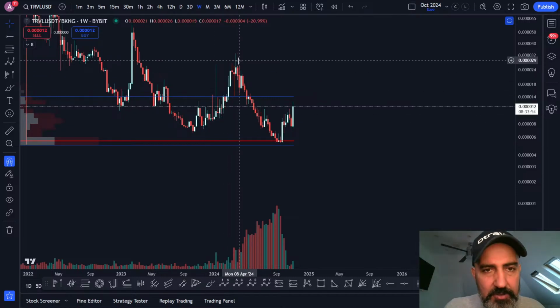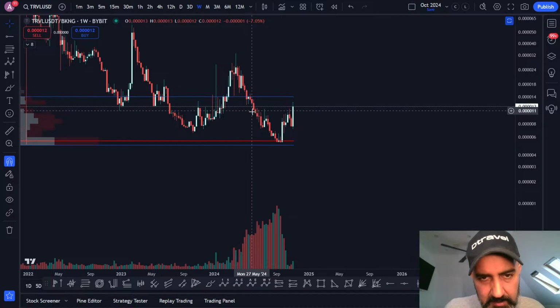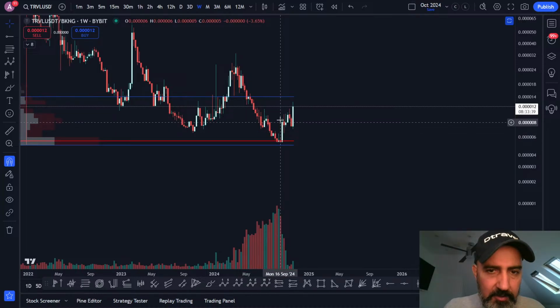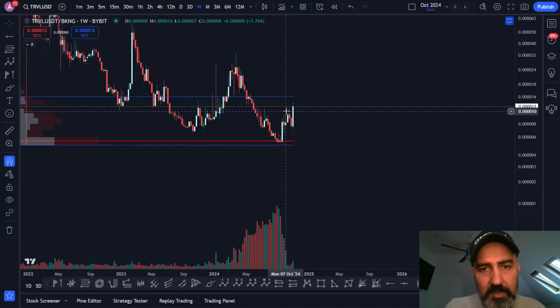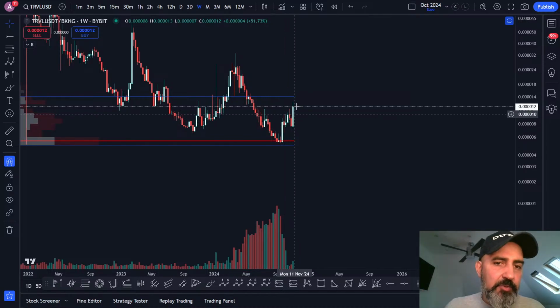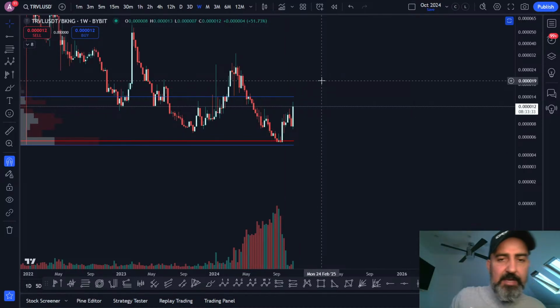This is bullish. Put in a higher high there. Took out that low. Became bearish here. Low, lower high. Low, lower high. Low, lower high. Low, higher low. Higher high, higher low, higher high. So we're actually in weekly bullish market structure right now.